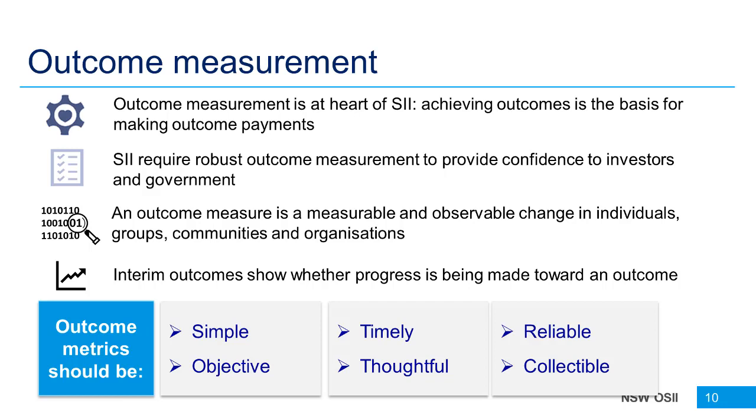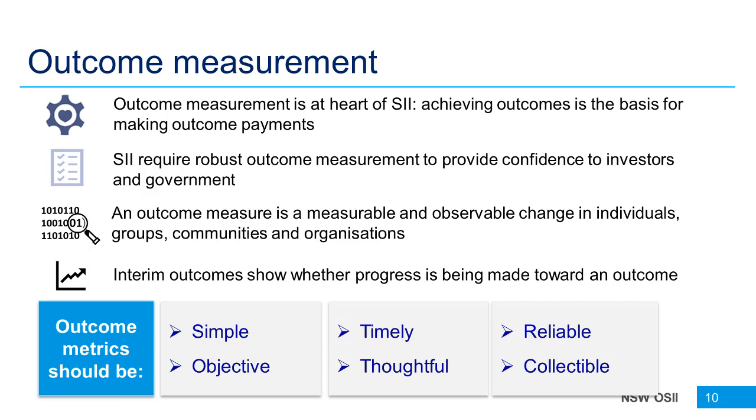The following attributes should be considered when developing the outcome measurement for your proposal. An outcome must be simple. For example, reducing recidivism. They must be objective. Again, somebody has either reoffended or they have not reoffended. An outcome metric needs to be timely. They need to be thoughtful.